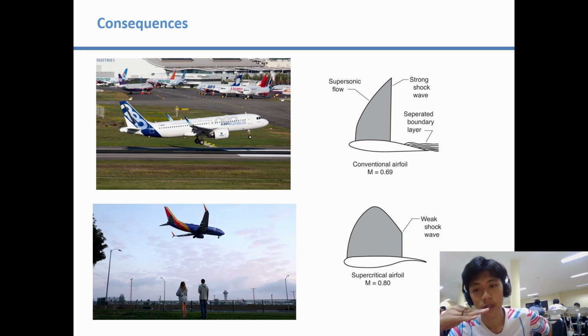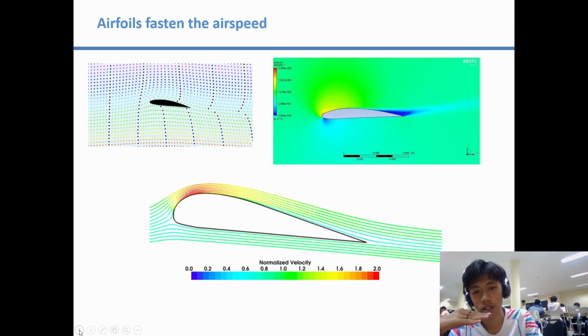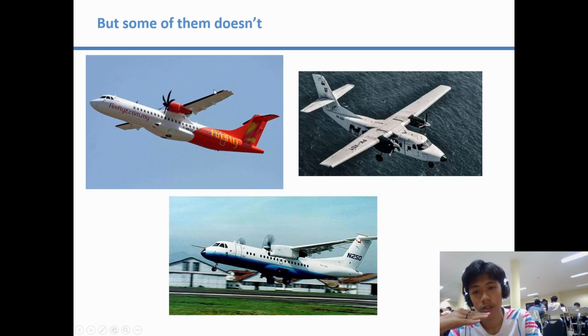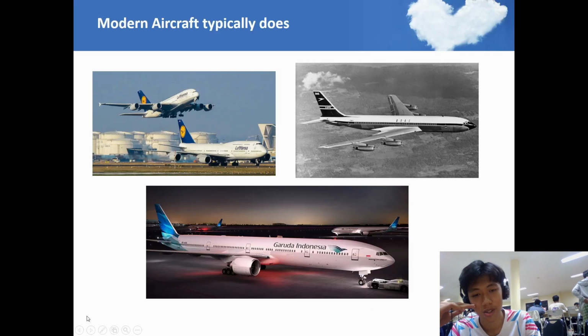So that minimum speed will increase if you sweep the wing. So that is also the reason why aircraft that are not flying near the sound barrier, or near the speed of sound, don't use the sweeping configuration, because it won't help them at all. It will just reduce the lift.